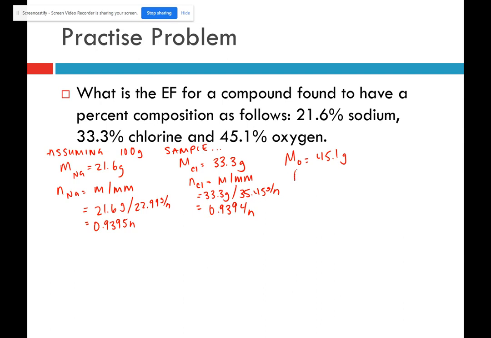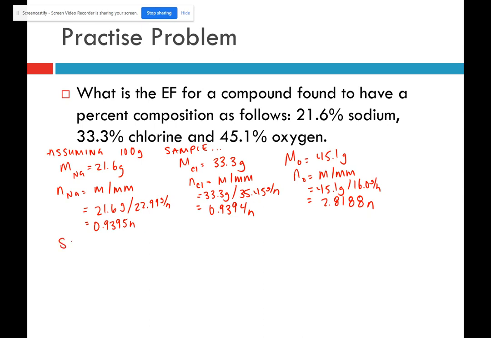And our moles of oxygen is also going to be mass divided by molar mass. So 45.1 grams divided by 16 grams per mole is 2.8188 moles. Okay. So we've assumed our masses and figured out our 3 moles.